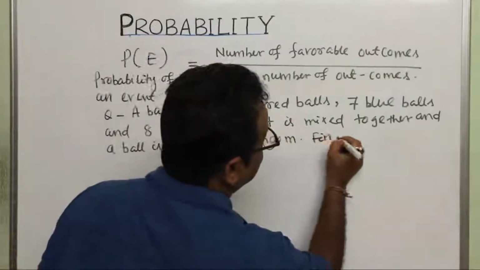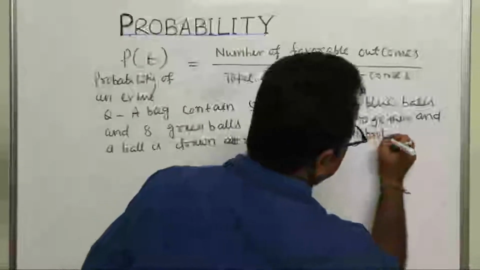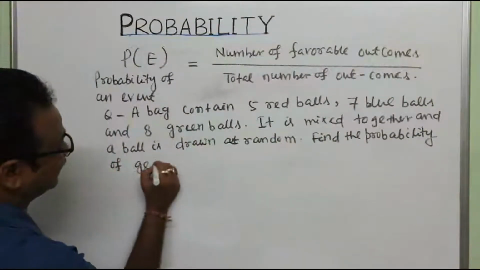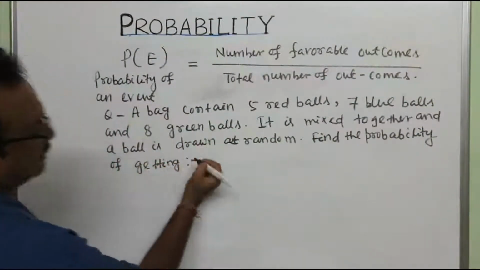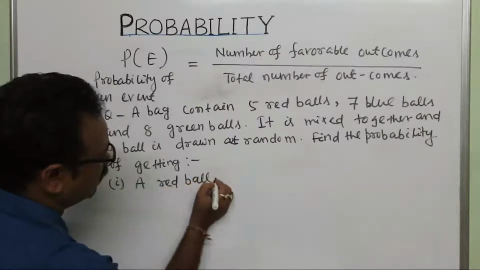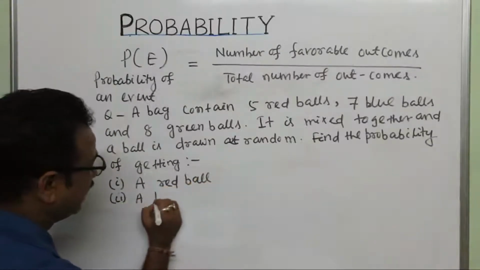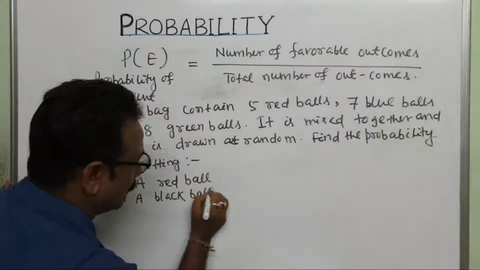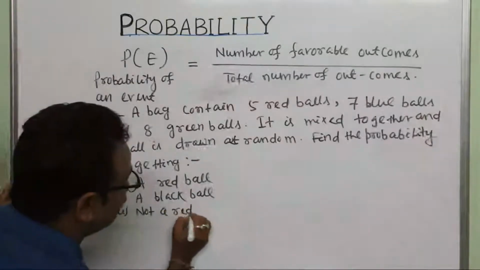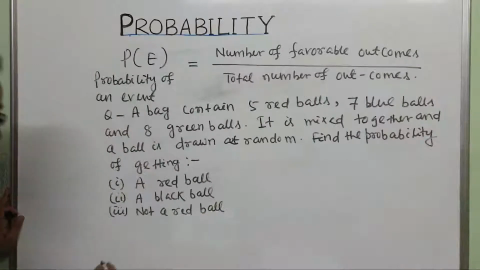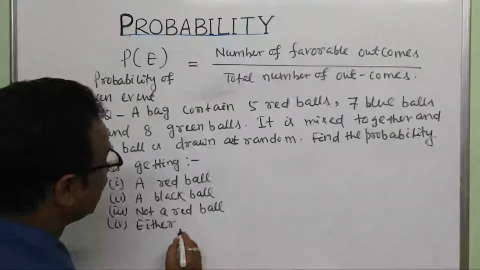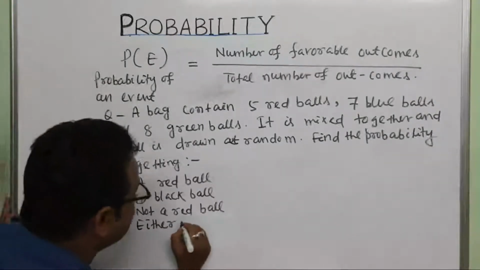Find the probability of getting: part one, a red ball; part two, a black ball; part three, not a red ball; and part four, either a blue or green ball.